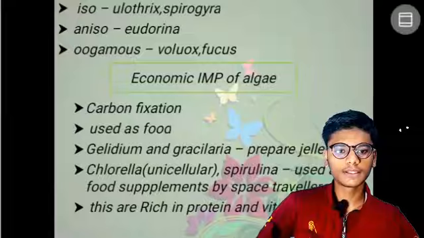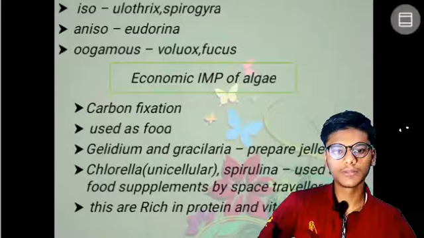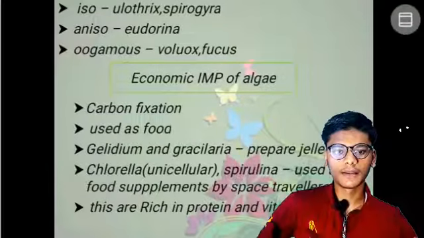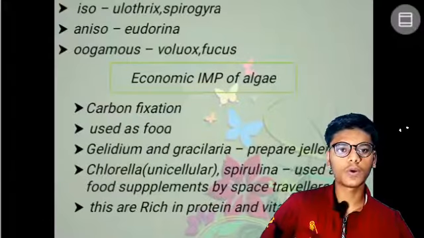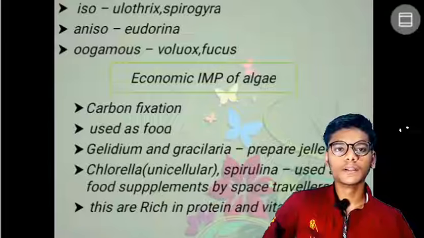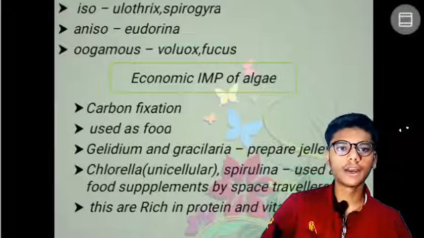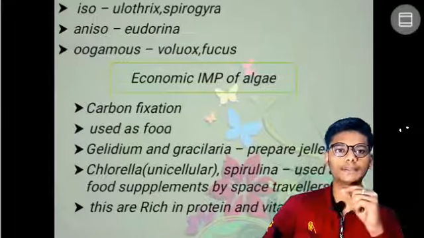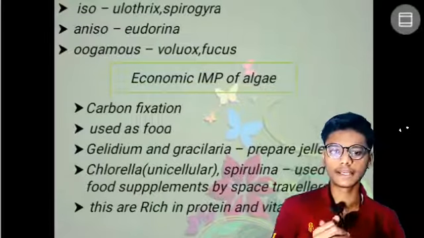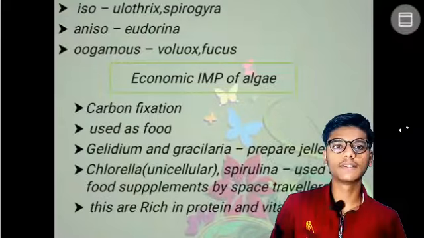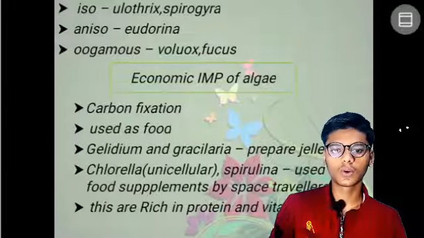Chlorella and spirulina are used as food supplements by space travelers. These are highly rich in protein and vitamins, so there is no need of taking food. They are available in the form of capsules or tablets. In space they can't eat food, so they take chlorella.